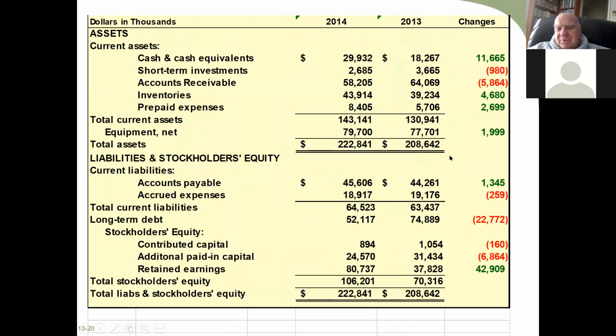If accounts payable goes up, it's a positive cash flow because we received some assets probably and didn't have to pay any cash. Same thing with an accrued expense. We're recognizing an expense that we have to pay in the future. So if accounts payable went up, that is a positive cash flow.